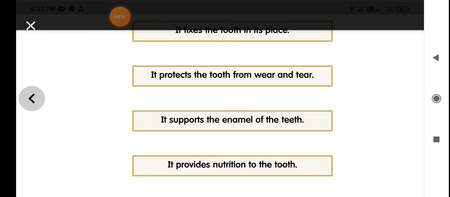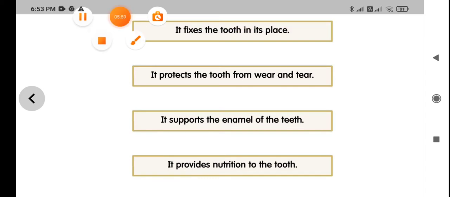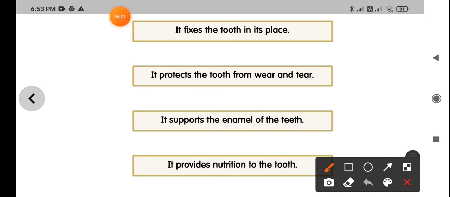Now the actual activity is you have to identify the part name. So which part is this? How is it helping? The first one: you need to write this table's column in your classwork and write the answer for this question just beside this box. It fixes the tooth in its place. Which part fixes the tooth in its place?